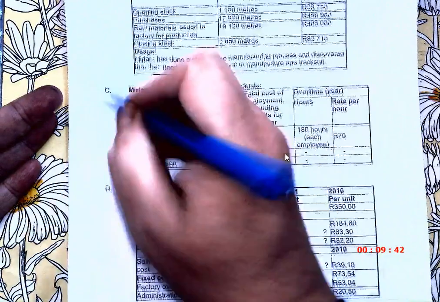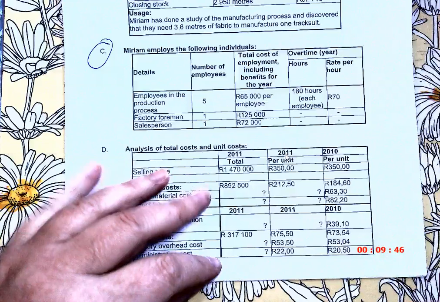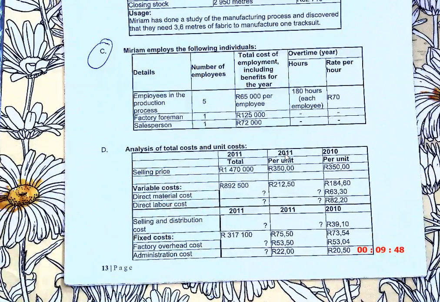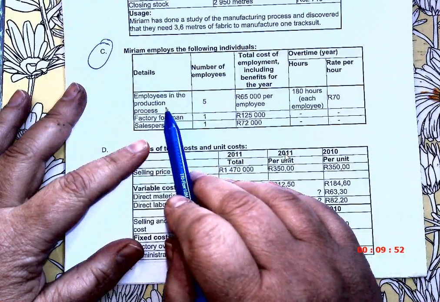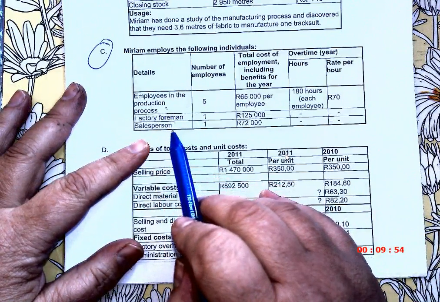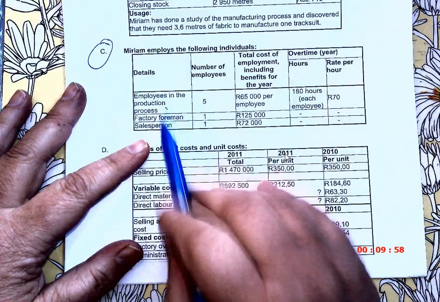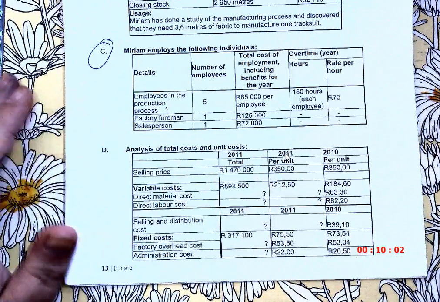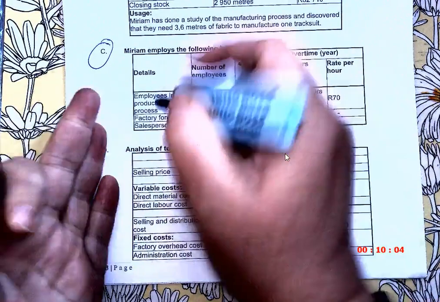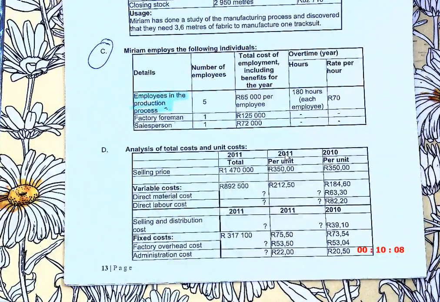Number C. But now I see there's quite a lot of things going on here. I see employees in the production process, factory foreman, and salesperson. So am I going to do all 3? 1 of the 3, 2 of the 3? Only one. Because they want direct, the guys in the process itself.